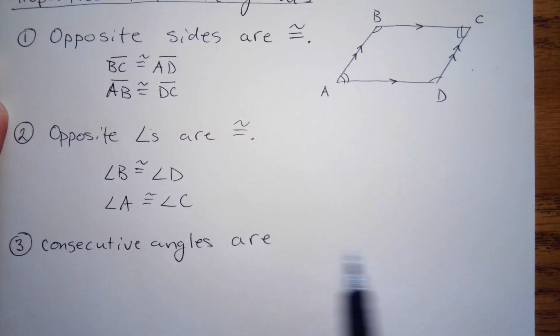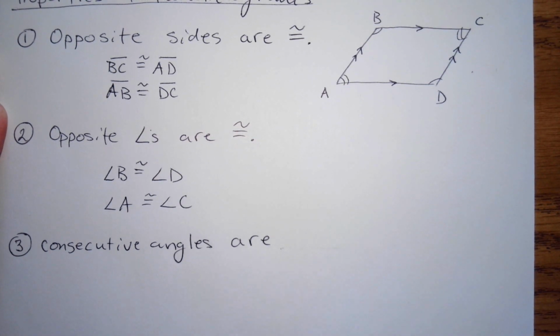I am going to fill this in. Consecutive angles are, and then I'm going to fill that in. But I'm going to see if you can guess this or remember this. The measure of angle A plus the measure of angle B has to equal what?